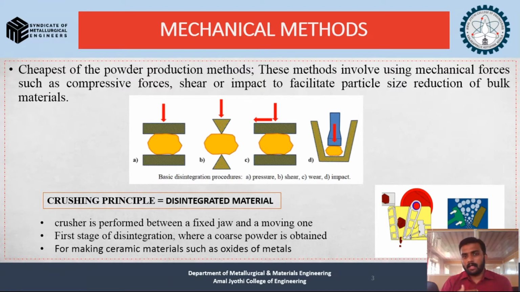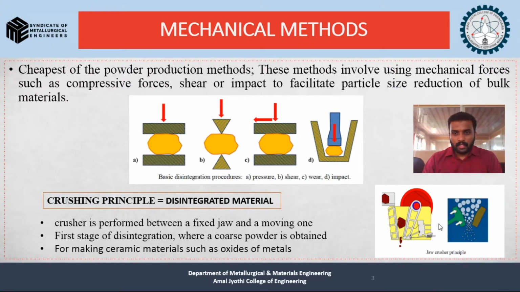You might be familiar with mortar and pestle, normally used in the kitchen to grind things. We have the same motion here, so we will ultimately get the final product. And we have wear also. Wear means we are using the power of friction to grind or crush the material.